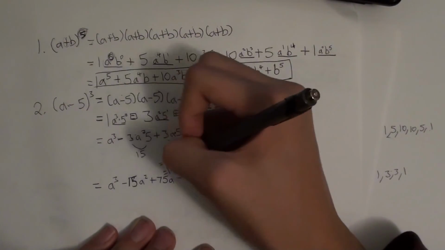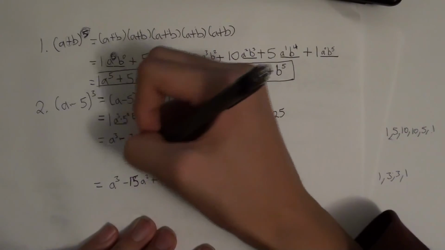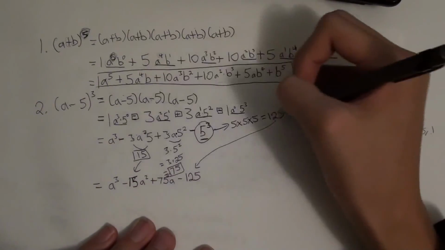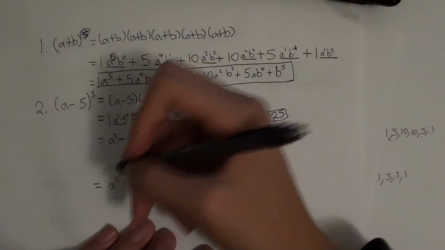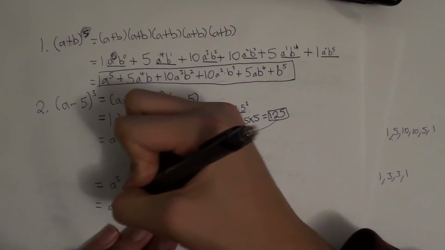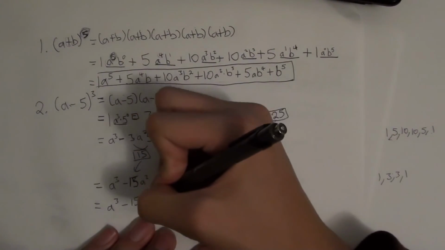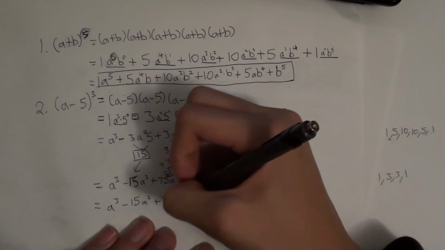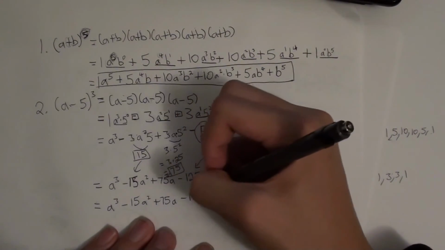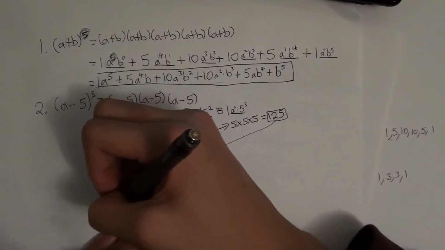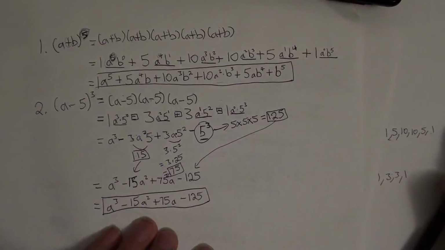These are the things that we're writing here, and this is the final answer. I'm just going to write that again to make it more clear: a cubed minus 15a squared plus 75a minus 125. And that is the final answer to this problem right here.